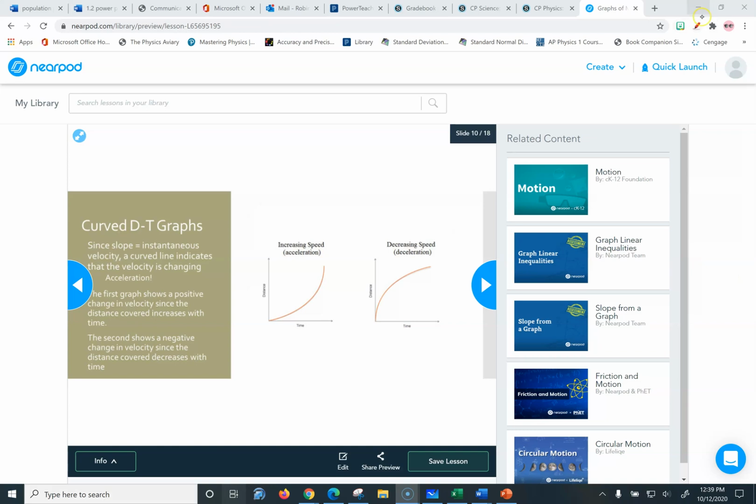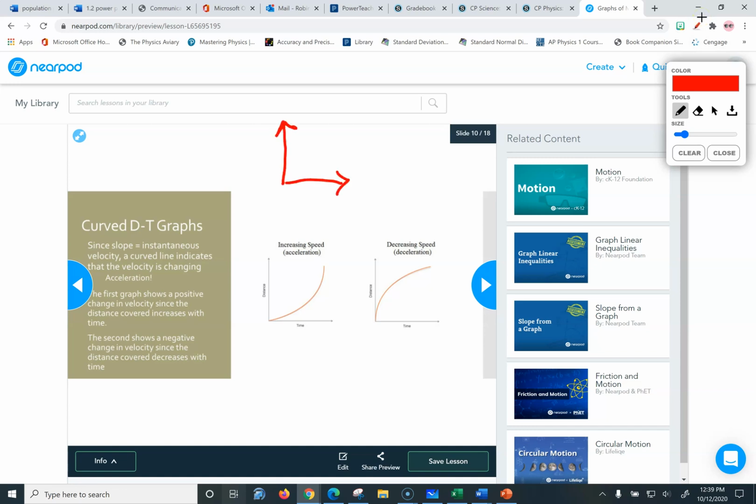Okay, so up till now, we've been looking at xt graphs that have straight lines, whether they're up or down or horizontal. Now what we're going to look at, when we have a distance time graph and it has a curve on it, what is that telling you? And a curve could look like this, or a curve could look like this, or it could look like that.